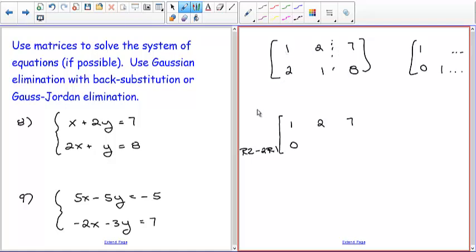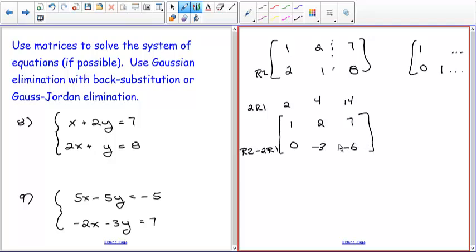So let's write 2R1 right here, which is what I'm trying to do. Take row 1 and multiply by 2. So that's 2R1. This is row 2, so 2 minus 2 is 0, so that was right. 1 minus 4 is negative 3, and 8 minus 14 is negative 6.